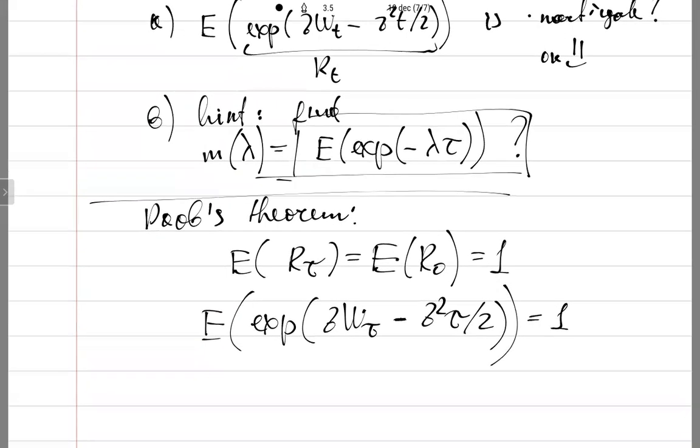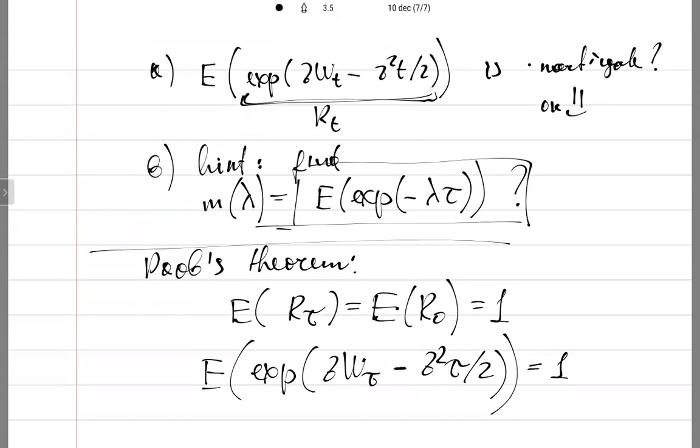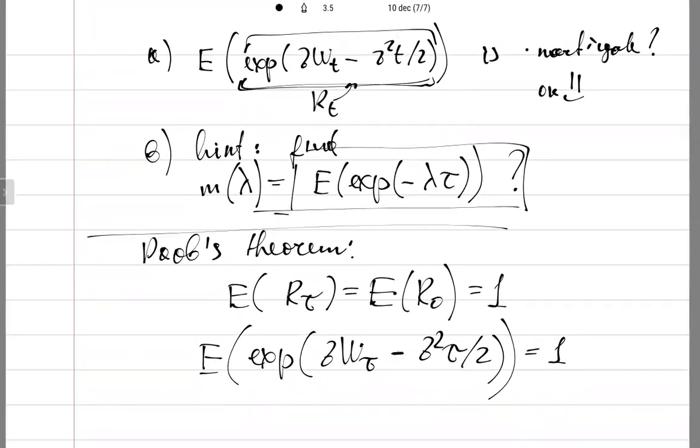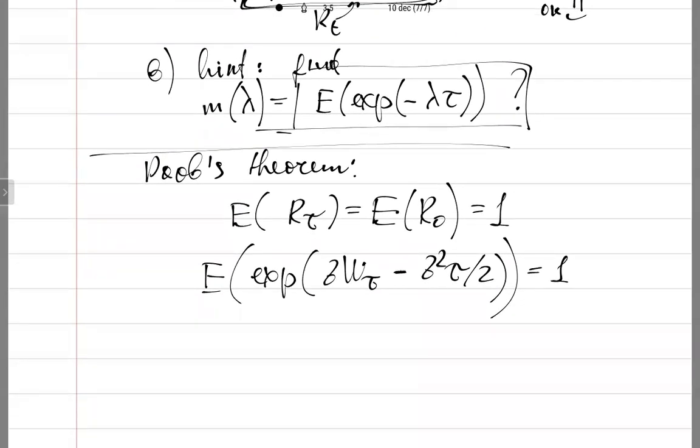Okay? R_0 is 1, it's not given by the problem, I just calculated it. Okay, what do I know?